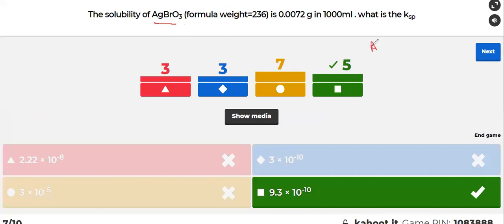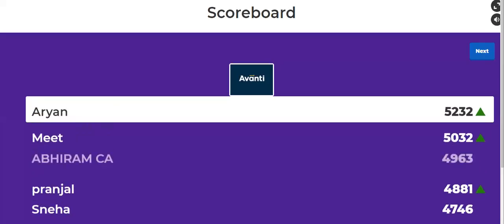In this it is Ag, then BrO3 minus. So here you can calculate S, this divided by 236, because it is in 1 liter. So Ksp is equal to S square. As simple as that, everyone. Next.